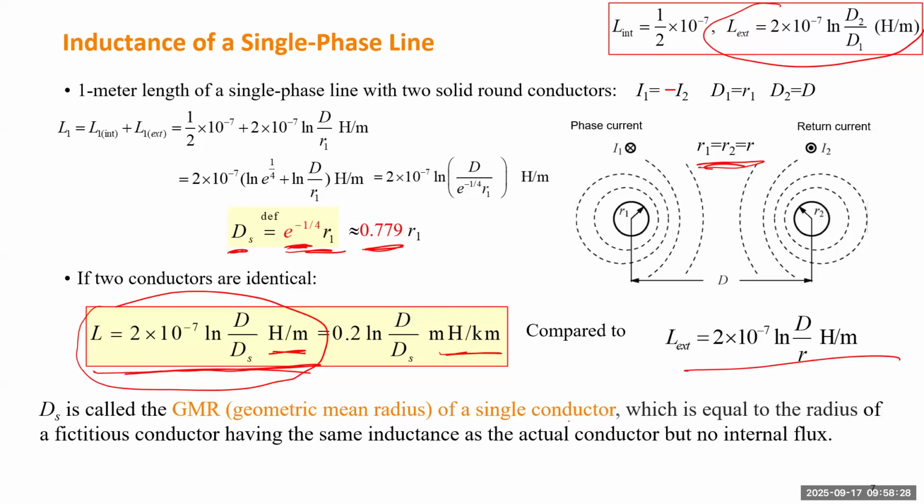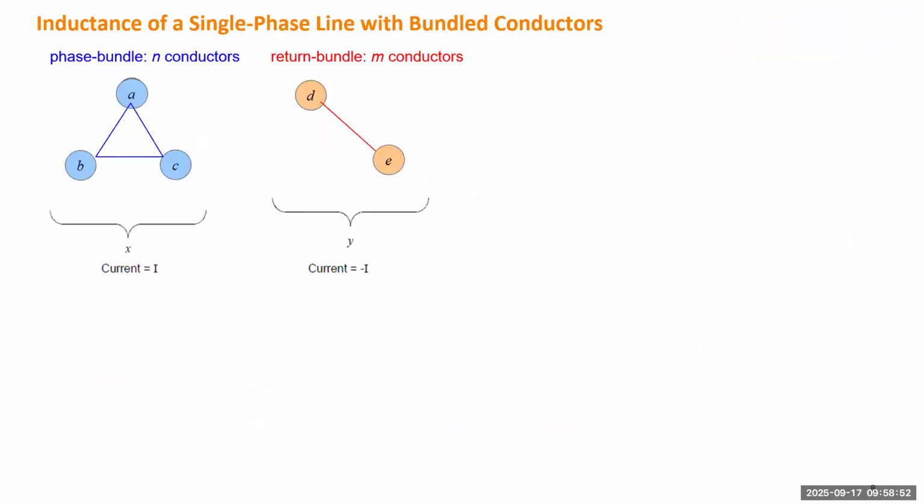You cannot have zero flux inside the conductor, but just assume you can make such a material. Inside the material, there's no magnetic flux at all. And that material, to generate the same inductance, will have a radius 78% of the actual radius. That's what they mean.